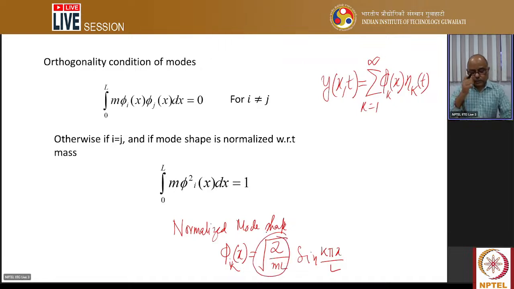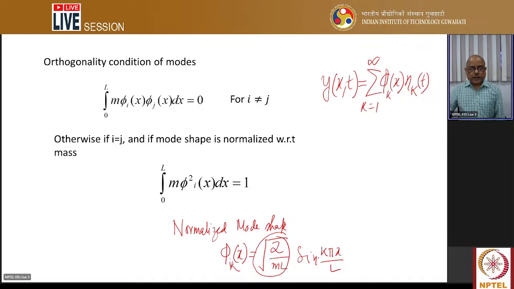Otherwise, the mode shape magnitudes cannot be determined in an absolute sense. These are all relative, so the amplitude that we get, we have to normalize it. This normalization constant for a simply supported beam of constant mass m is written as root 2 divided by mL.